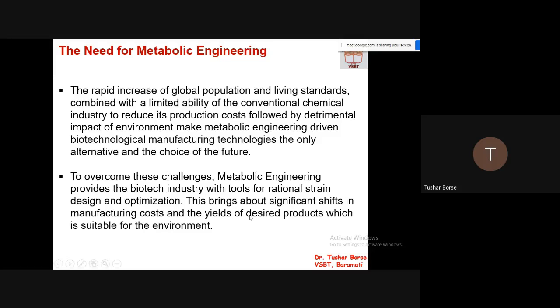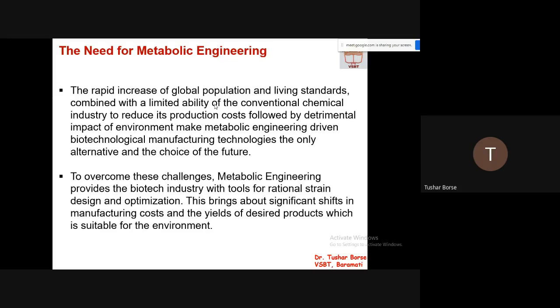So this brings significant shifts in manufacturing cost and the yields of desired products, which is suitable for the environment. That can be one of the reasons, because in the case of the chemical industry the cost may go on increasing. But if you are working with E. coli, E. coli आपल्याला माहिती, it can be easily grown. It has a lifespan of around 24 hours. So within 24 hours, and by using some minimal media, which is very, very cheap, you can obtain your product in a very high concentration.